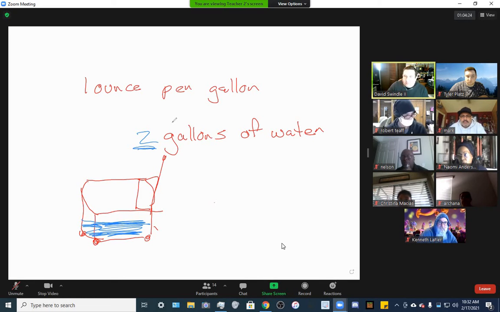All right. So that being said, we're going to move on a little bit. The next step in this process is the whole concept. We've dealt with the concept of what we're going to call ounces per gallon.